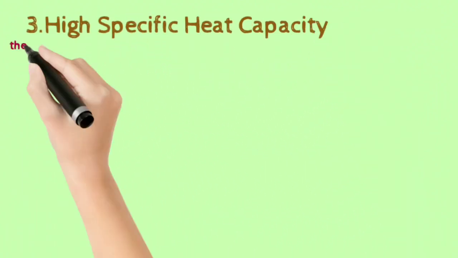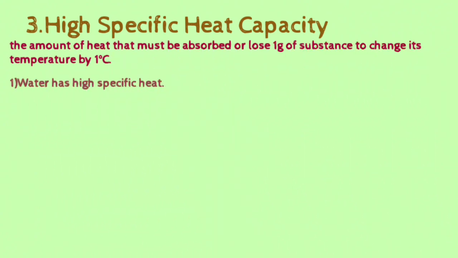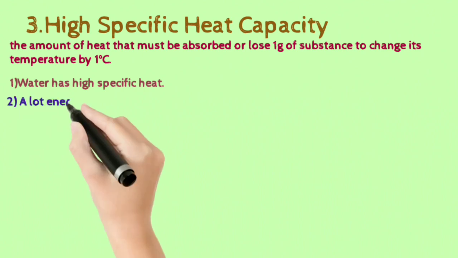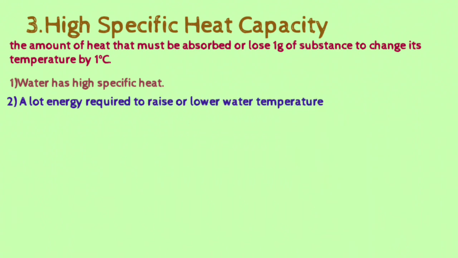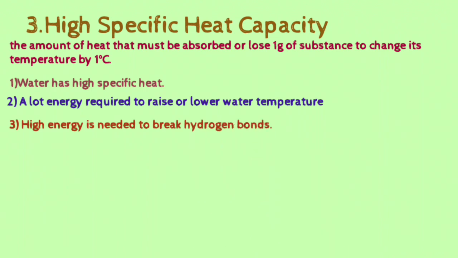The third property is high specific heat capacity. Water has high specific heat. A lot of energy is required to raise or lower water temperature. High energy is needed to break hydrogen bonds.